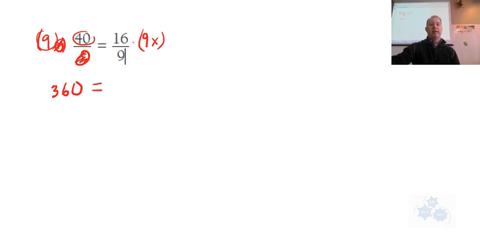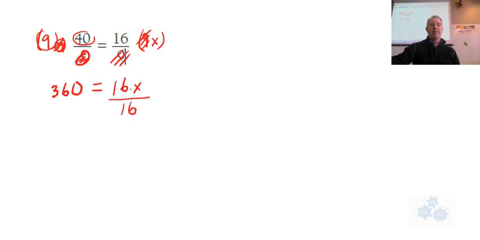Now I have 16 over 9 times 9x. Well, look at this. The 9's now cancel out, and I'm left with 16 times x, which is 16x. That's step 1. To get x all by itself now, I have to get rid of the 16 here.